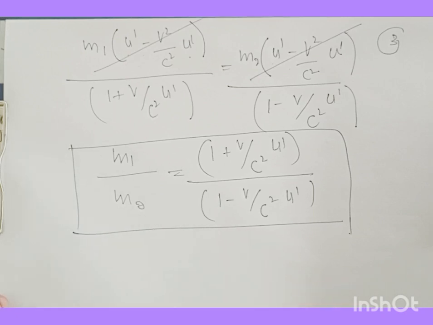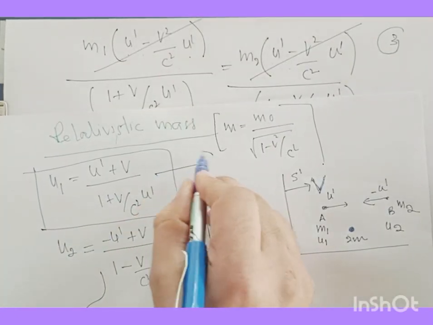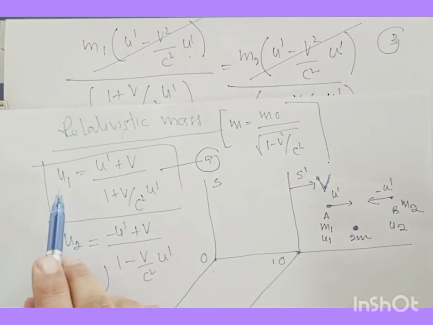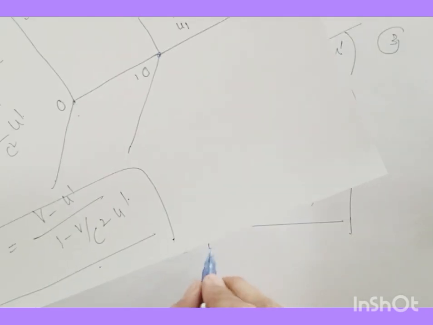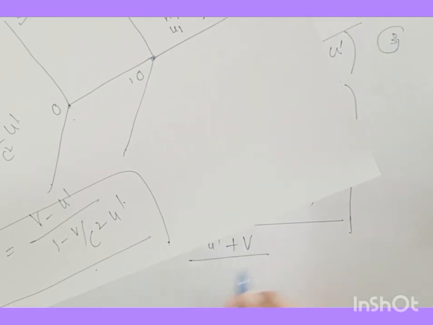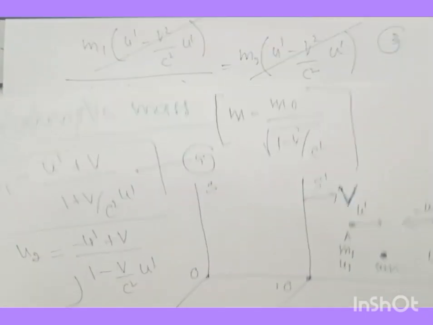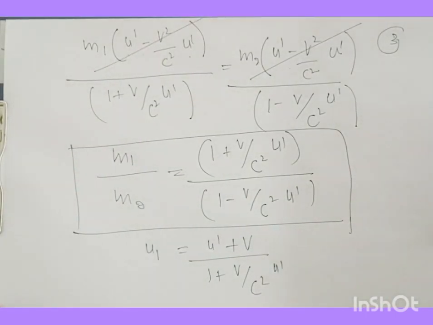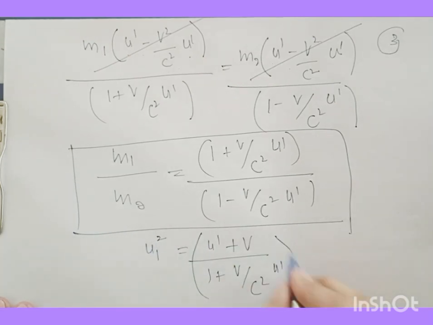Now, if I go back to this equation, I will call this equation A for the time being. So I have u1 equal to (u' plus v) by (1 plus v/c² u'). What I would like to do here is take the square, so the square of this is equal to the square of this.